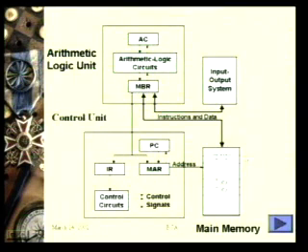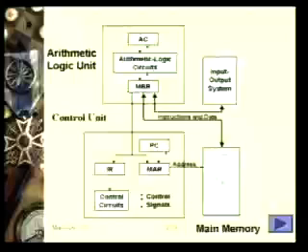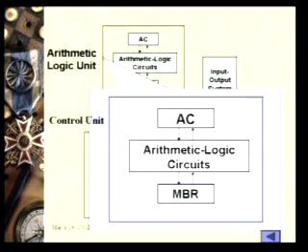But what are the basic components of the arithmetic logic unit? An arithmetic logic unit basically consists of logic circuits and arithmetic logic circuits. The purpose of these circuits is that they will be used for addition, subtraction, and logical AND, OR kinds of operations.